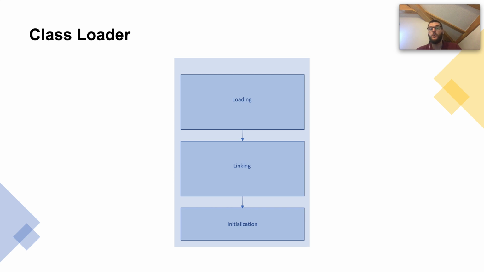So when a class or interface is needed at runtime for the first time, for example, we call the static method on a class, or we instantiate an object of a class, the class loader looks for that class and loads it into memory.